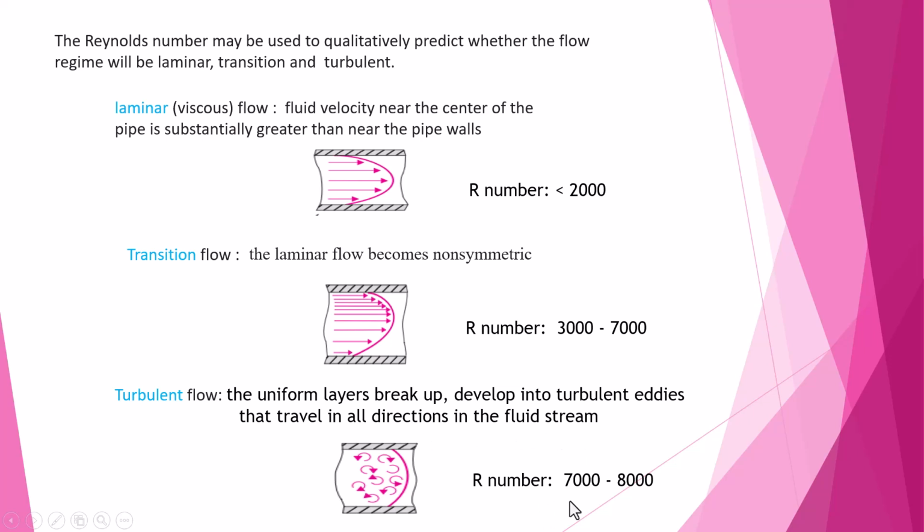The Reynolds number is 7000 to 8000. These three, laminar, transition, and turbulent, just describe the behavior of the flow.